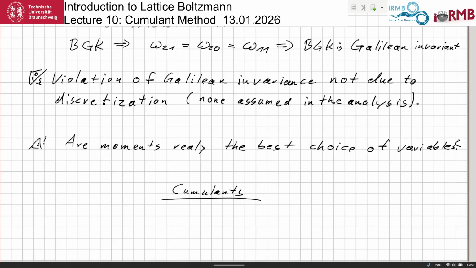So we have to fix the temperature, and we do not have heat flux. So we cannot conserve energy. We cannot define heat flux. And if we forget about this and think only in isotropic terms, then there's also an effect: we observe that viscosity becomes a function of velocity. So viscosity is not Galilean invariant due to discretization.